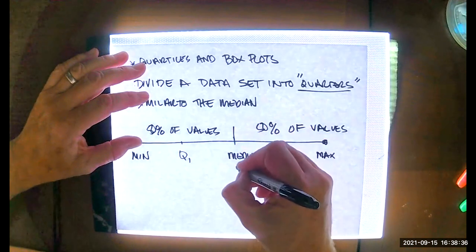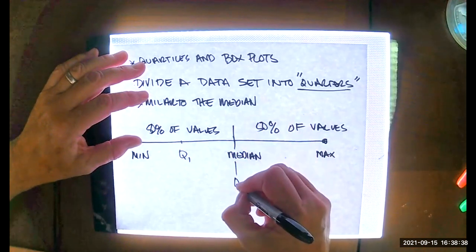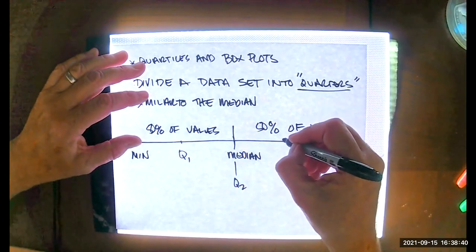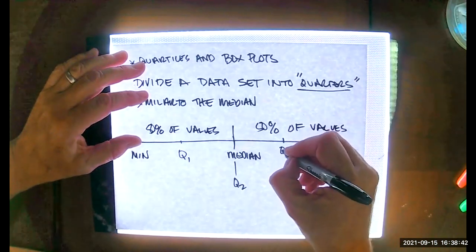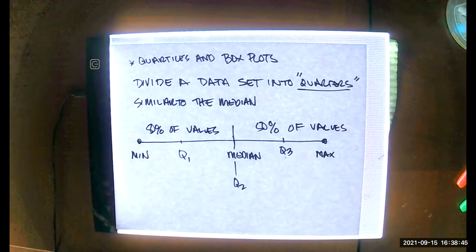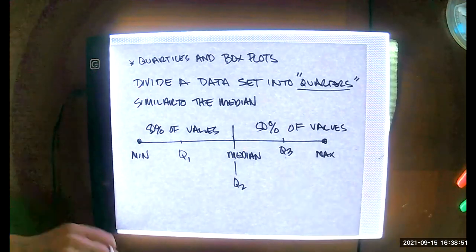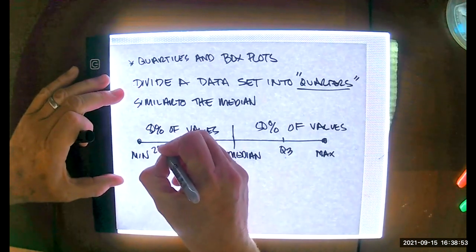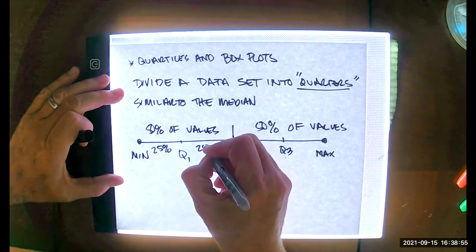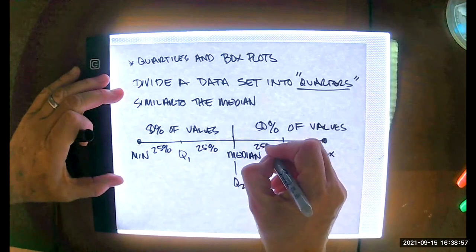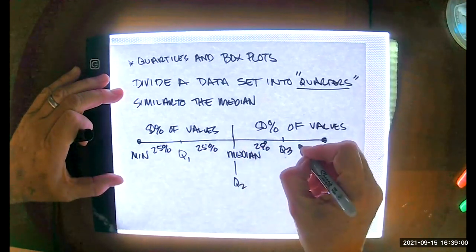The median also goes by the name Q2, and we're going to do it out here again, and we're going to call that Q3. So we have 25% of my data values, 25%, 25%, and 25%.